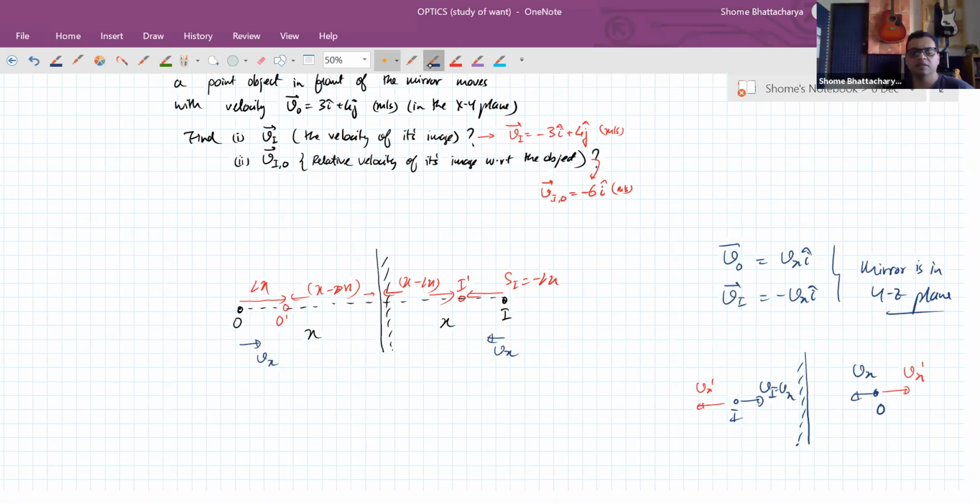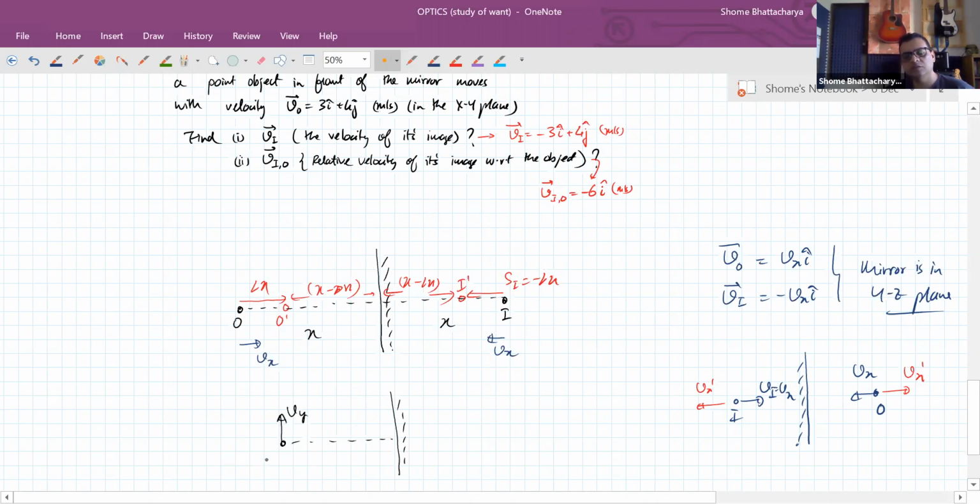Now the other thing is that supposing in the same situation, the object has a velocity like this, parallel to the mirror. Right now the object's image is over here, the same distance x behind. Now after some time, let's say the object moves here by some distance delta y.